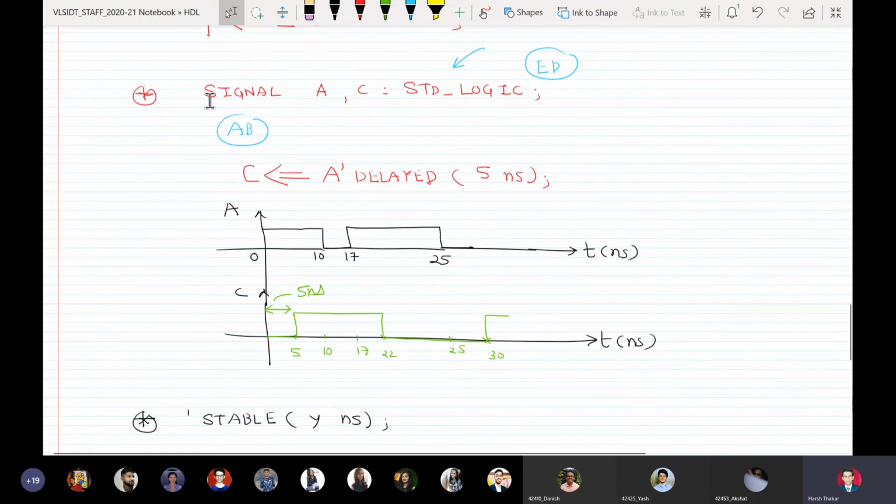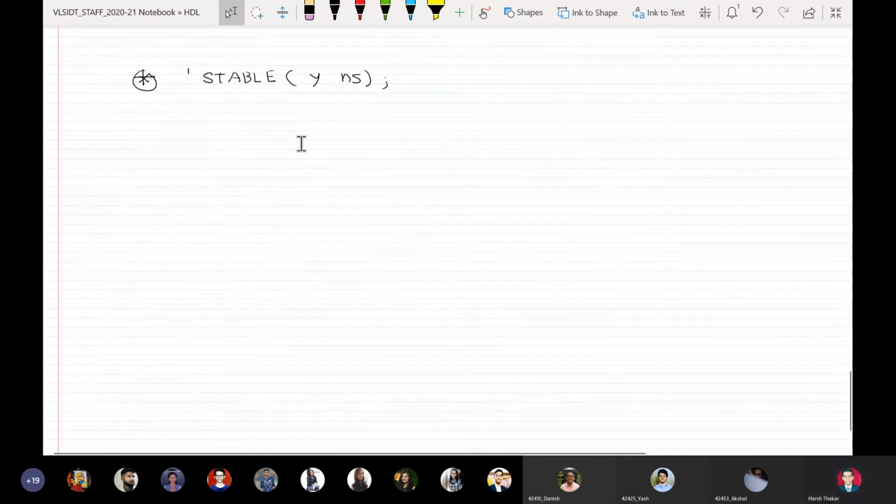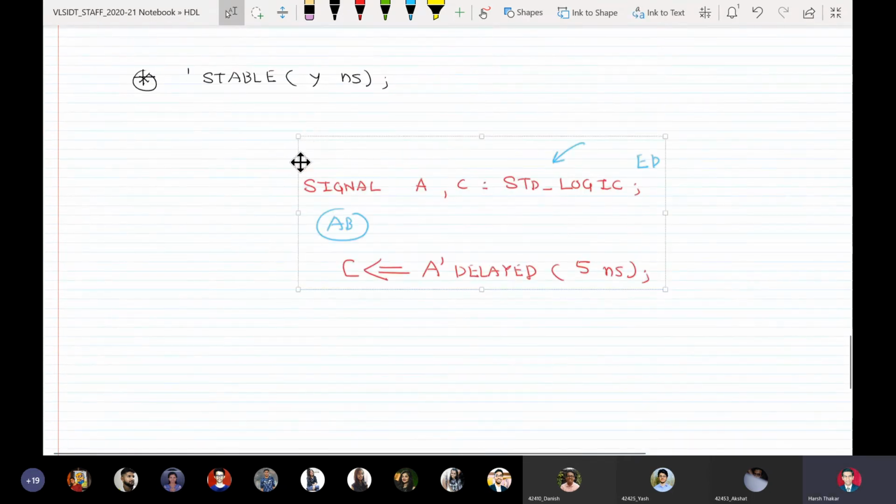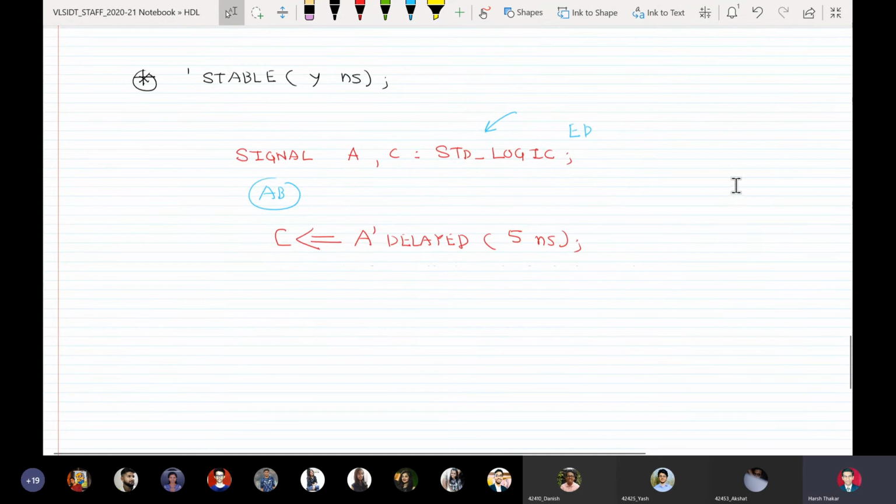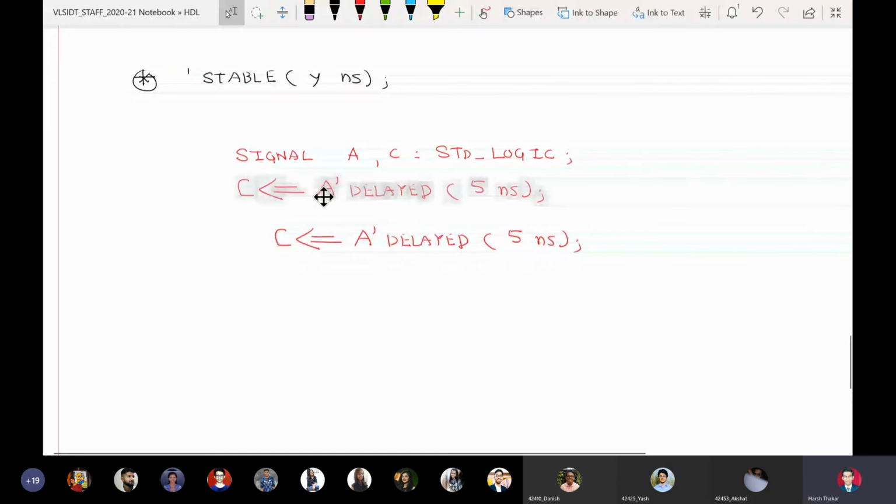Signal A comma C is there, and so I can also define one more signal here.